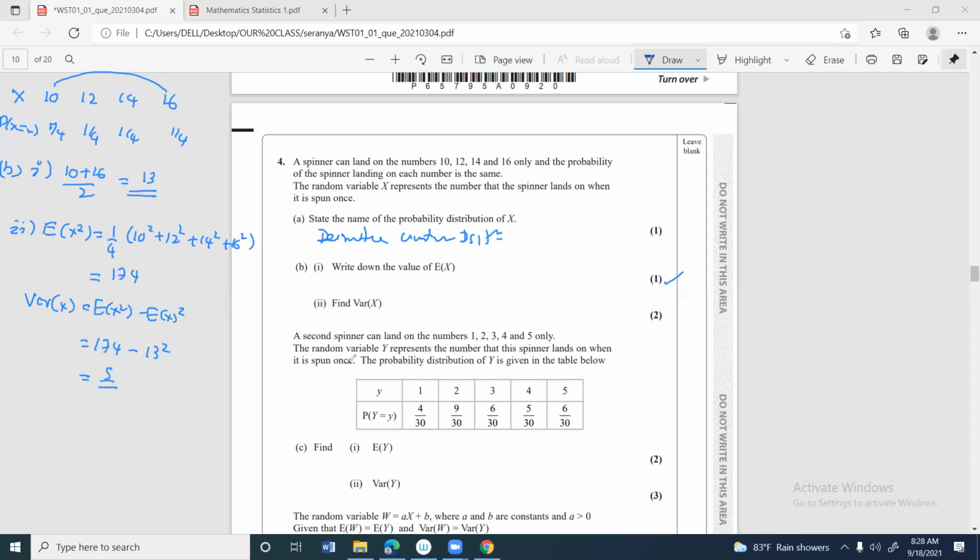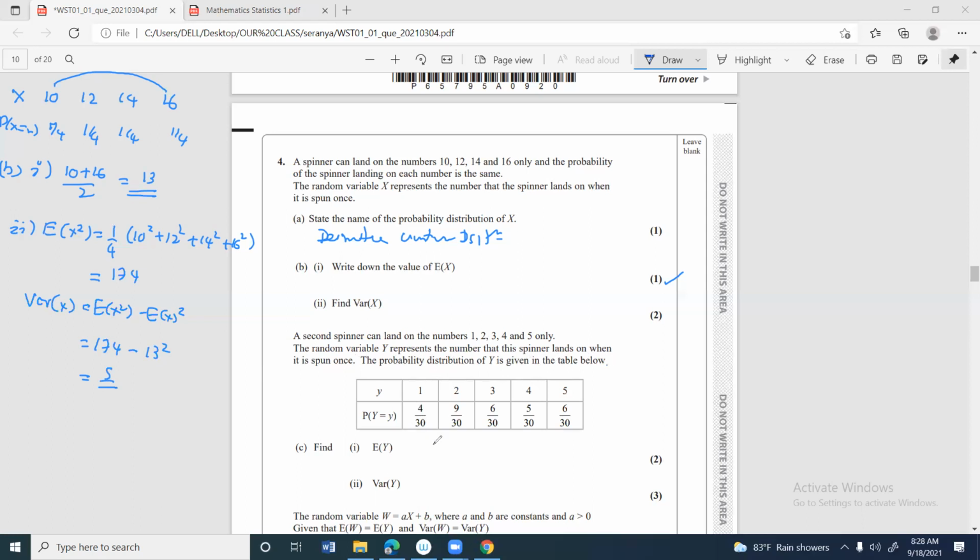Then the next question. A second spinner lands on the numbers 1, 2, 3, 4, 5 only, and the probabilities are given. The second random variable Y represents the number the spinner lands on each spin. Find the probability distribution of Y, given in the table below.